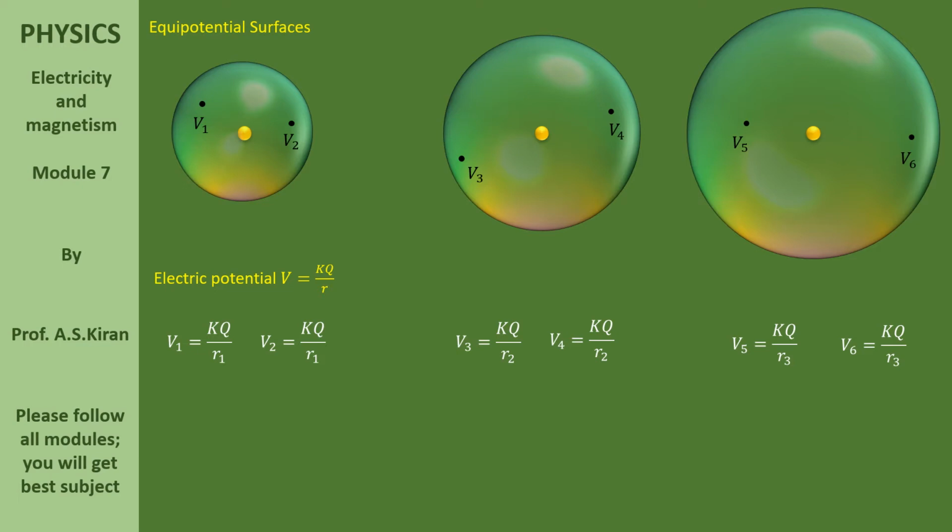On the third spherical surface, at every point the potential is the same because the radius is R3. Once again, a surface on which at every point the potential is the same is called an equipotential surface. Now let us read the definition. An equipotential surface is a surface on which everywhere the potential is the same.